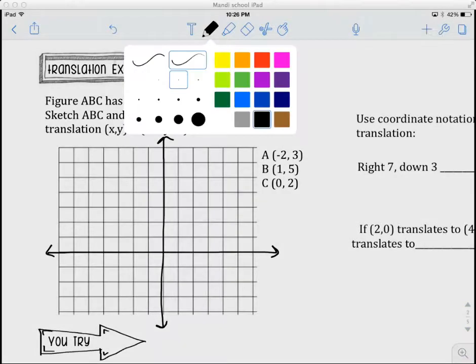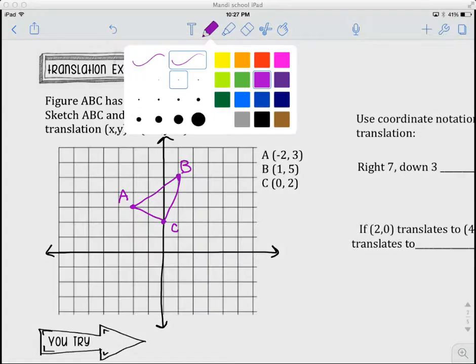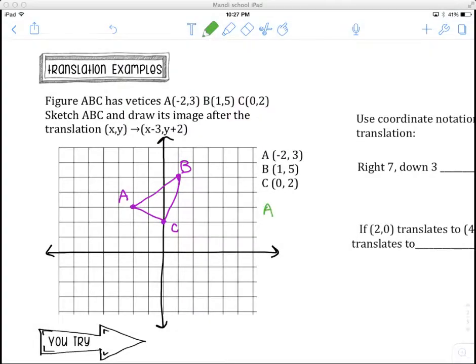Okay, this is figure ABC has vertices at A being at -2, 3, B at 1, 5, and C at 0, 2. So we have a triangle. Sketch ABC and draw its image after the translation of x minus 3 and y plus 2. So this means that you take the first coordinate and you subtract 3 from the x value and you add 2 to the y value.